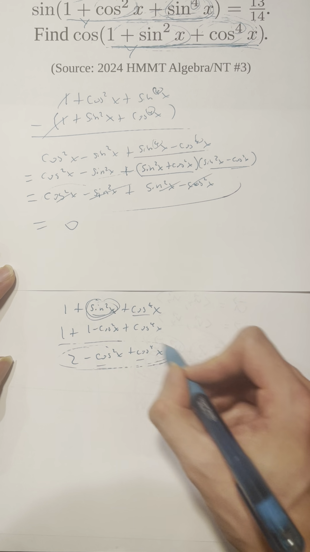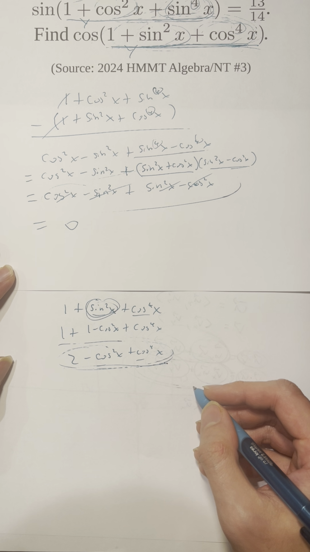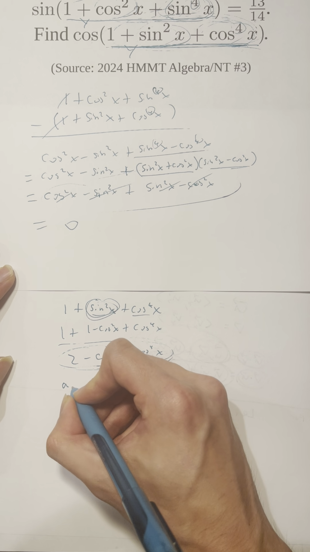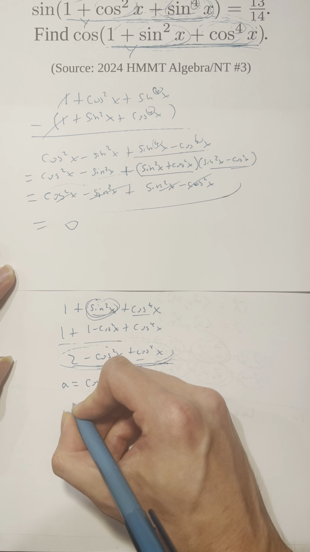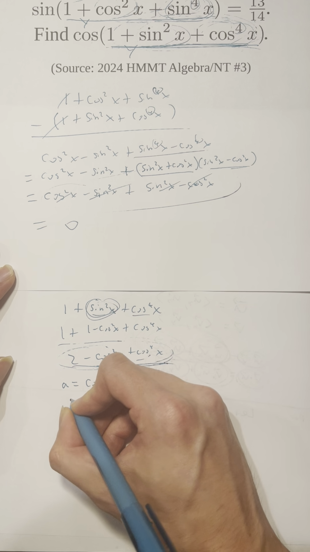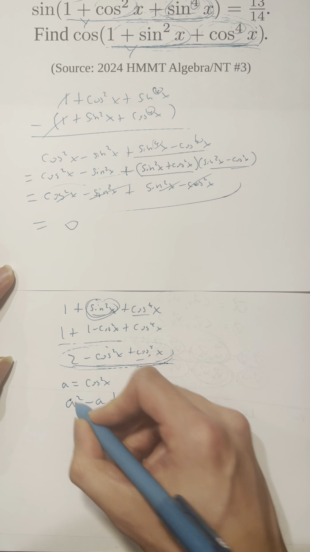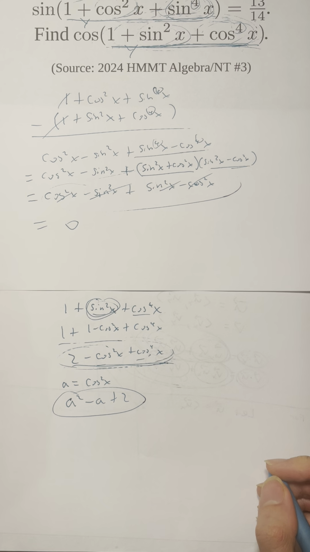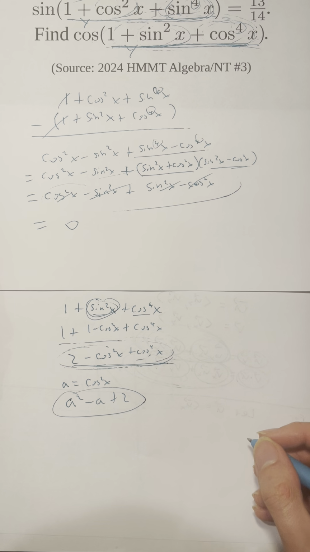So we're trying to minimize this, but what kind of expression is this? If I let a be equal to cosine squared x, then this turns into a quadratic. So this is going to be a squared minus a plus 2. How do we minimize this? We can use negative b over 2a for a quadratic.